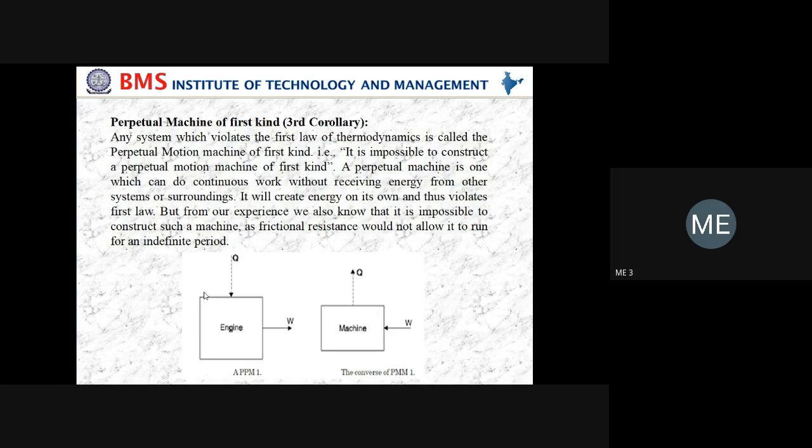If there is only one energy transfer, in that case it violates the first law of thermodynamics. Hence, the PMM one always violates the first law of thermodynamics, and it is impossible in nature. Remember, it's a perpetual motion machine of first kind.